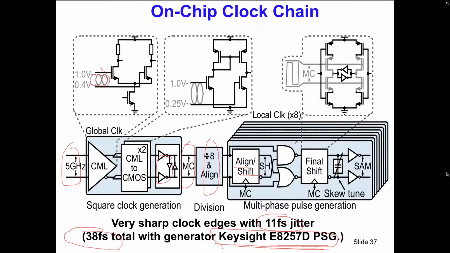Now that is then realigned over here. Then there is a last shift with a capacitor bank, and then this over here is the sampling clock. This little friend over here took 40 milliwatt, which is 25% of the chip power consumption.